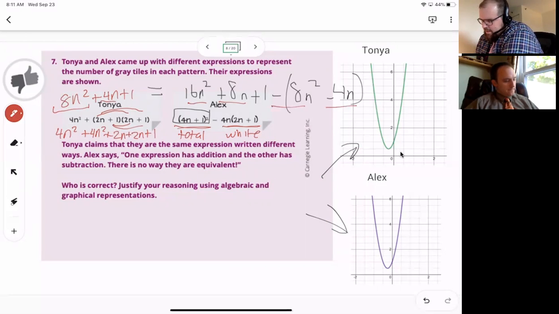So algebraically, they look the same after we play with them. And graphically, they look the same. So I would say that these are both the same and correct expressions. Yes, I agree. I had put a minus in front of the 4n. I changed that to a plus because that's what it should have been. I automatically distributed in my brain, but I left out the parentheses. So that was mathematically incorrect. But I agree. Those look the same.